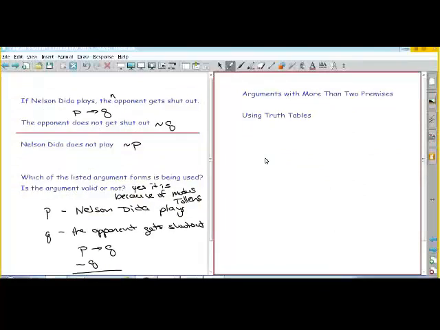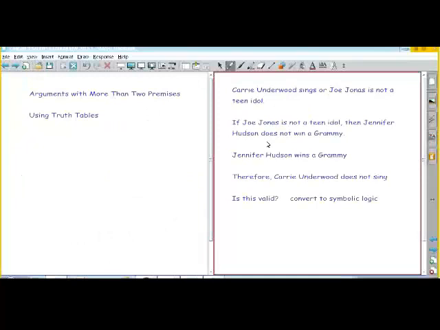Now we're going to do a problem where we have more than two premises. Up to this point, we've had the first premise, the second premise, and a conclusion. But you can go more complicated, which ends up being more confusing and sometimes harder to determine whether it's a valid argument or not.